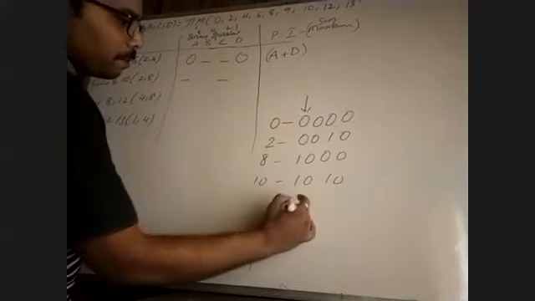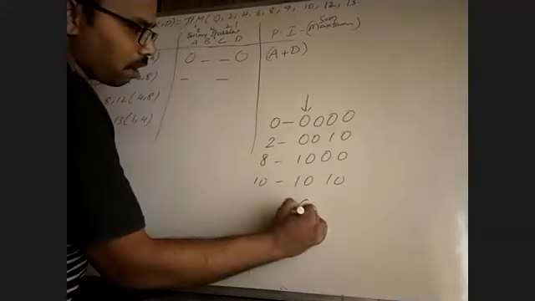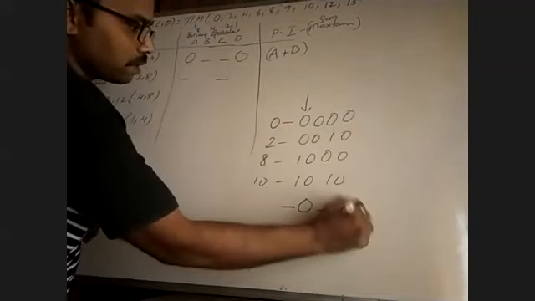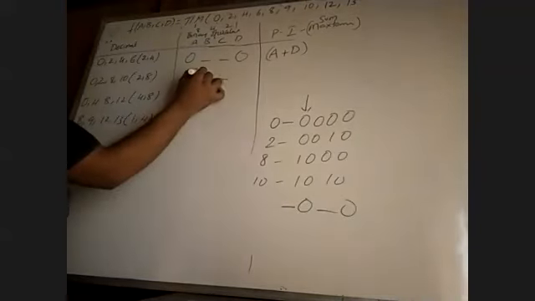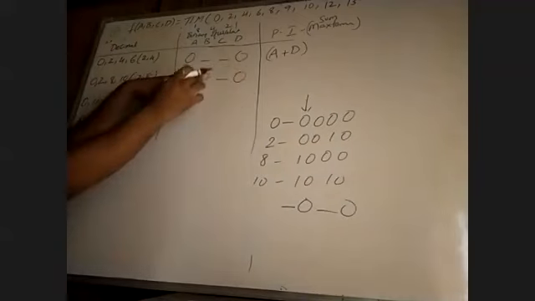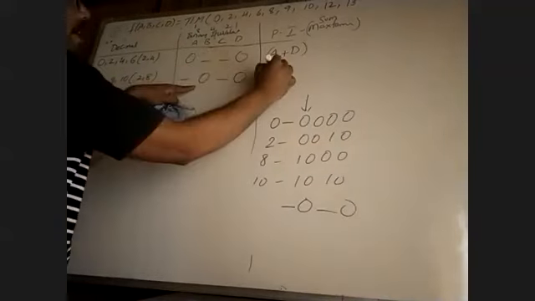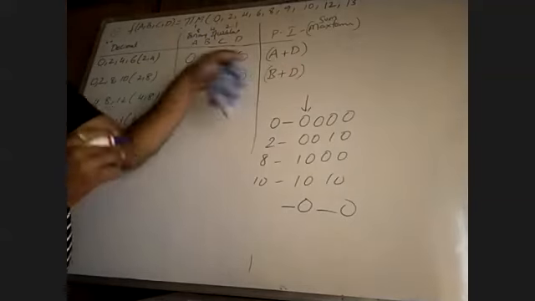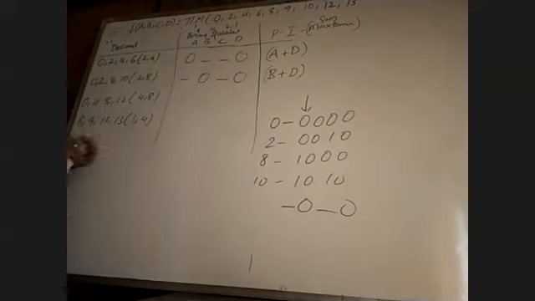In the remaining positions, the constant is 0. That is dash 0 dash 0, B0 D0. We can write B plus D. 0 means it comes in normal form, and 1 means it comes in complement form.